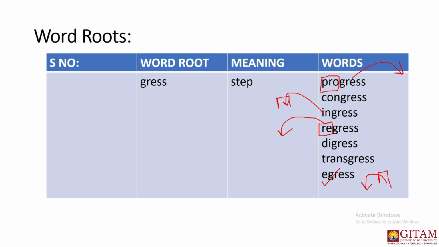Stepping forward is progress. Stepping backward is regress. Taking a step inside, entering, is ingress. Taking a step outside is egress. Now look at this. To step together is congress.